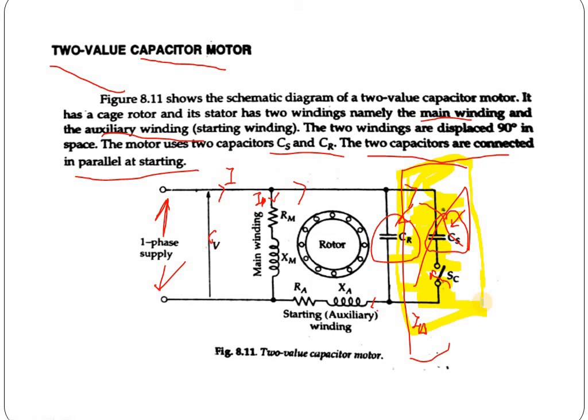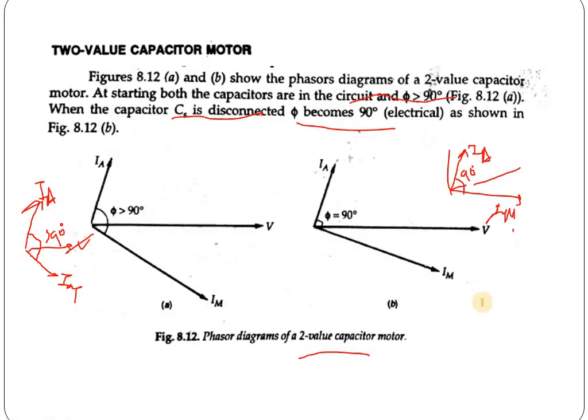the time the phasor diagram will look like this one, because here only one winding is present. That means the phasor diagram will look like this for the permanent capacitor type motor, where only one capacitor is present and it is there throughout the time.